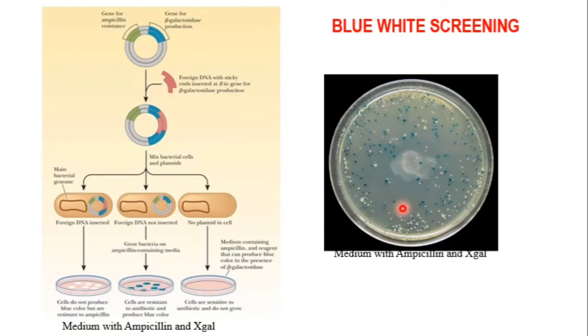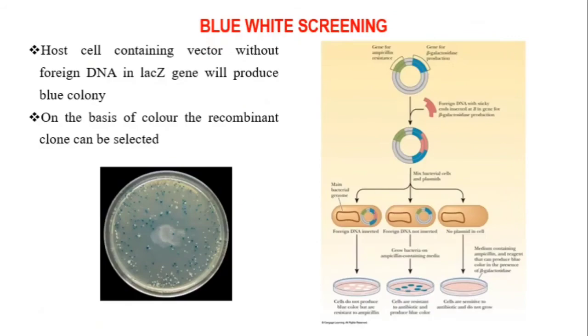This is the blue white screening method. On the basis of color, we can identify the recombinant clone in this blue white screen.